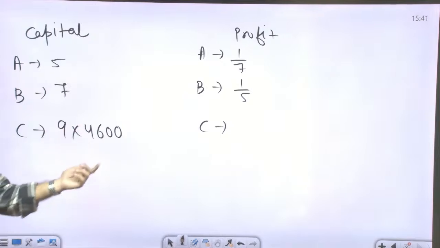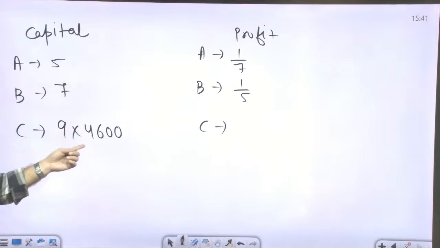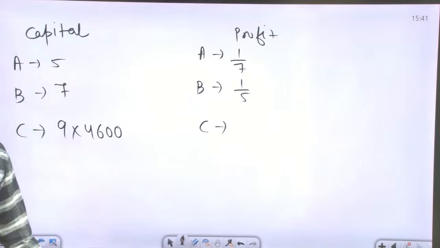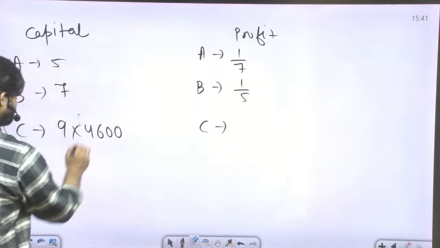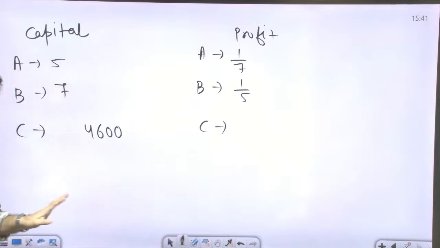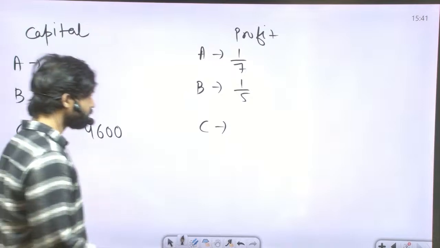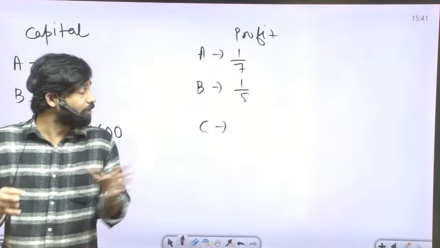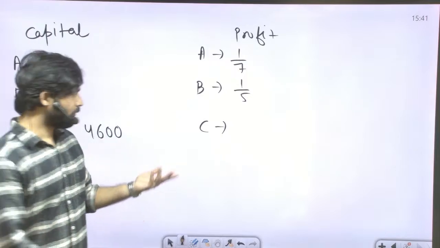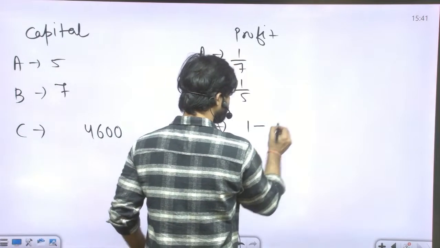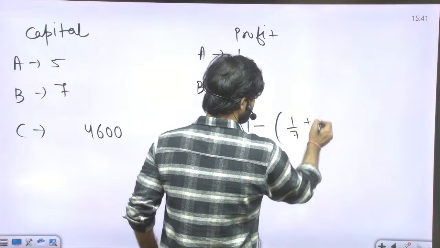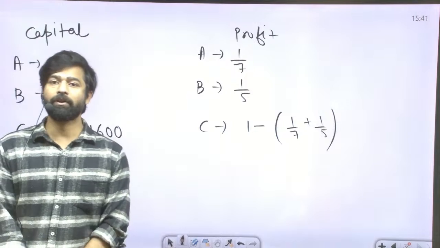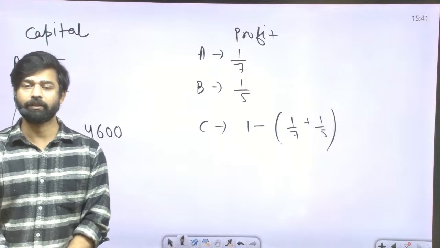So this is not capital of C. So capital invested by C is 4600, but this is the part of profit. Okay. So how can we find out the remaining profit, the profit of C? We can minus this 1/7 plus 1/5.